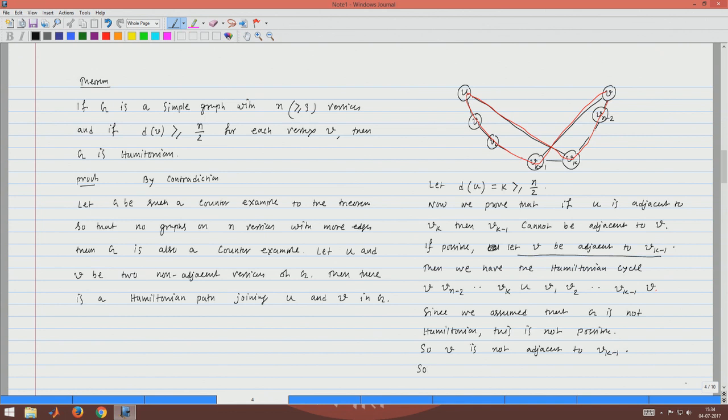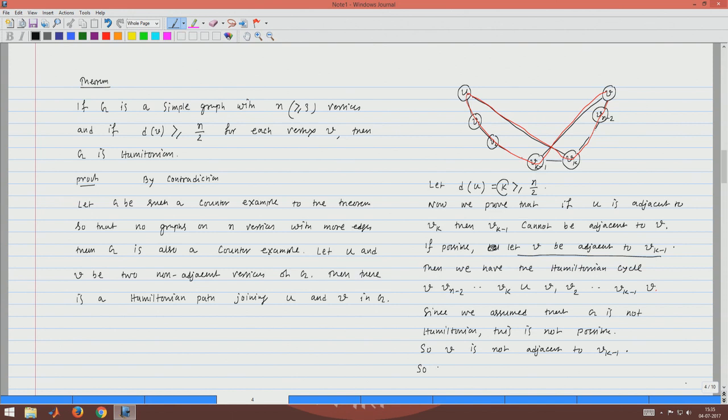And you know that u is adjacent to k vertices, and since u is adjacent to k vertices, v can't be adjacent to at least k many vertices.